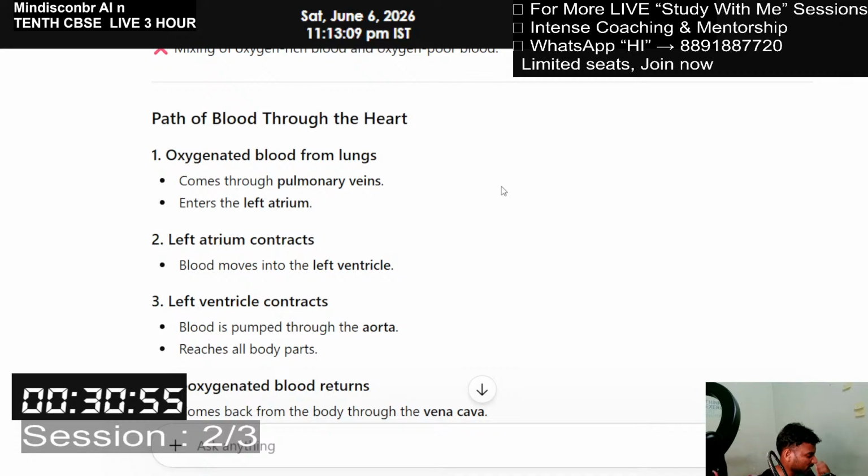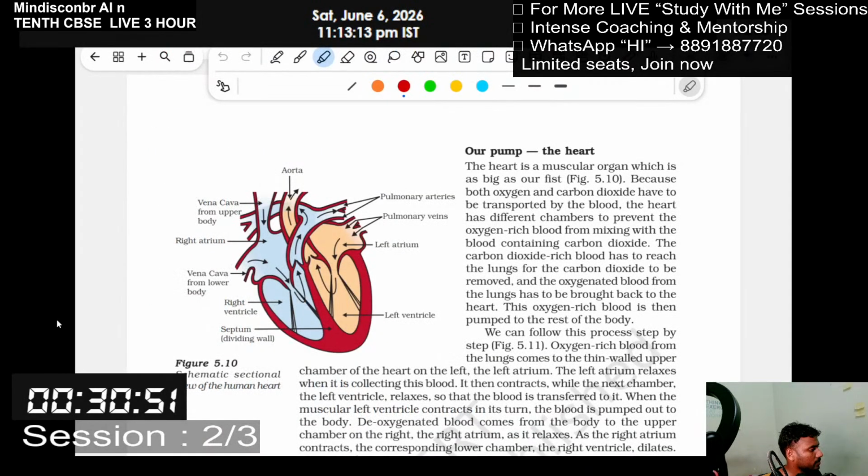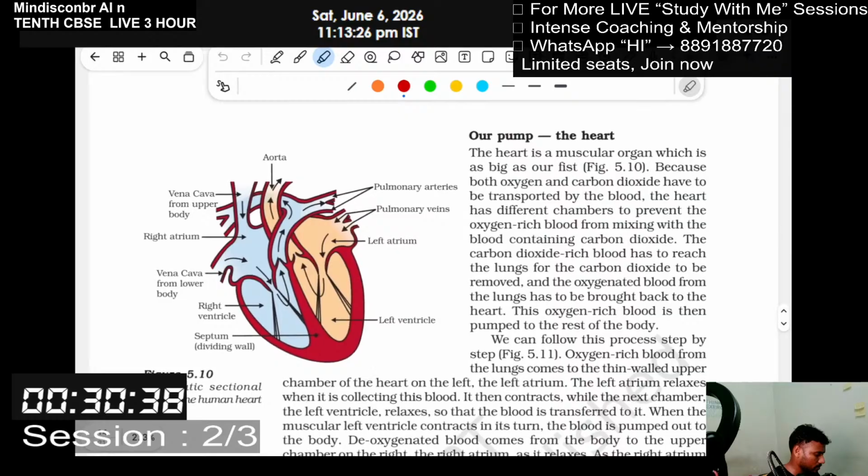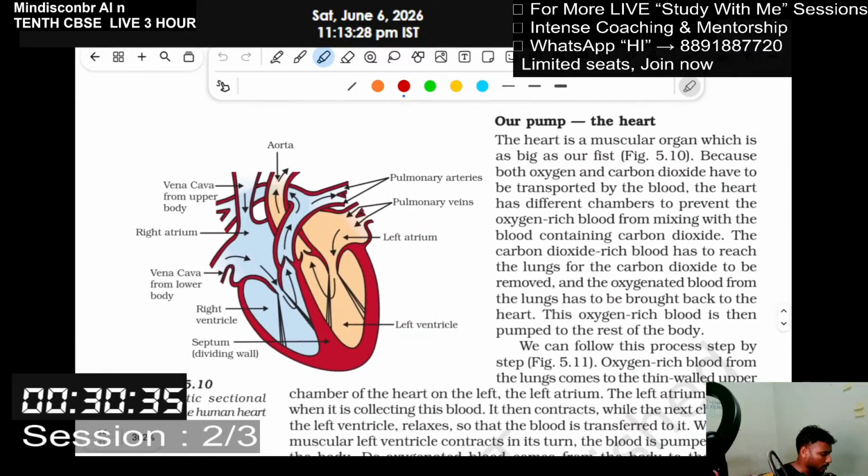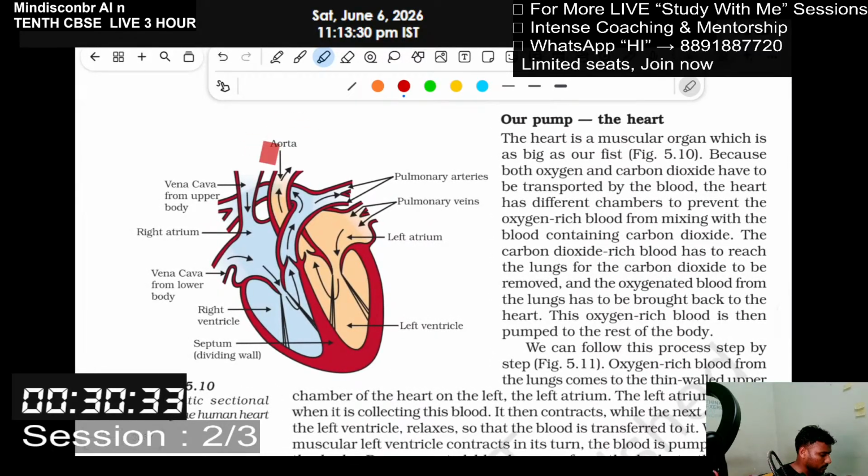First, we can look at the image of the lungs, the image of the heart. Here you can see the aorta.